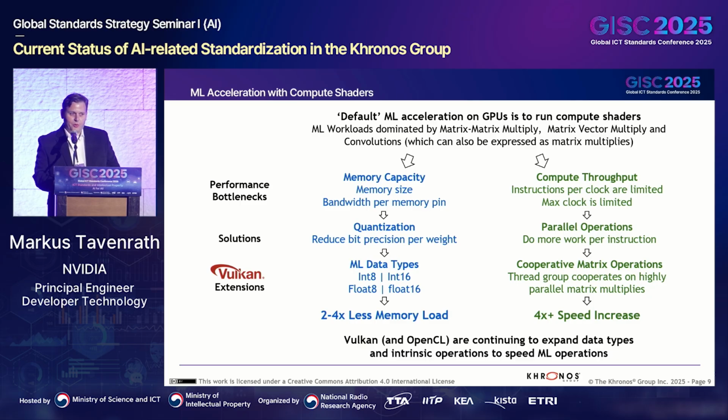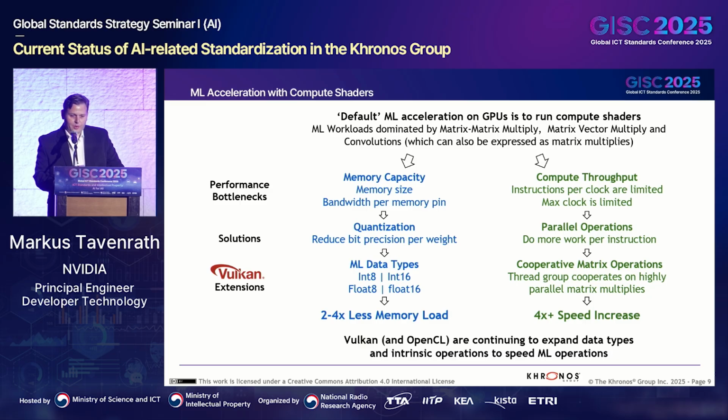And you can even compute the speed of light performance of these models by just dividing your model size by the bandwidth you have on your system. And the only solution to be faster here is to quantize the data. So we want to reduce the bit precision for each weight.